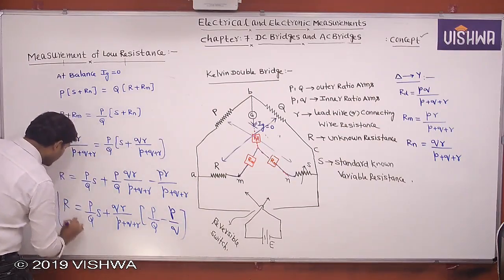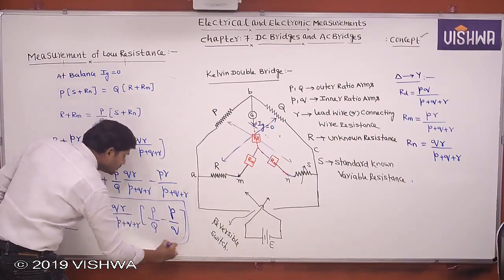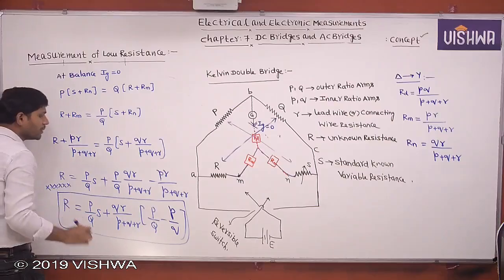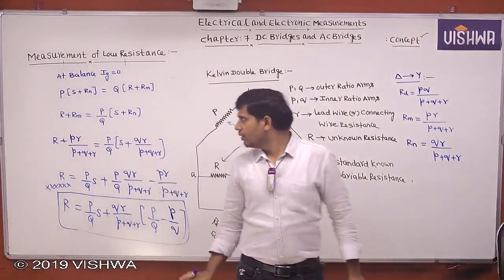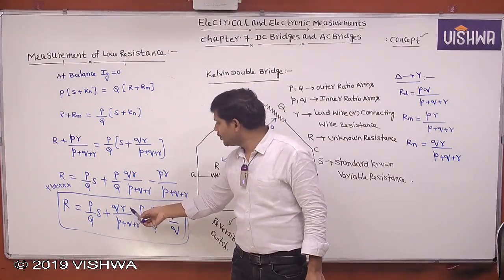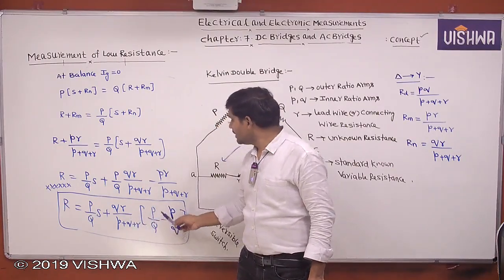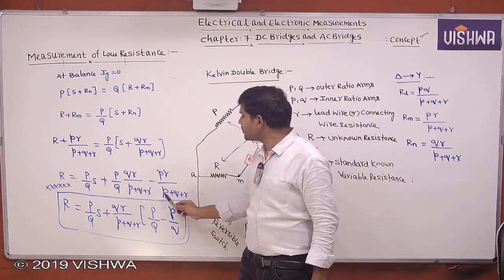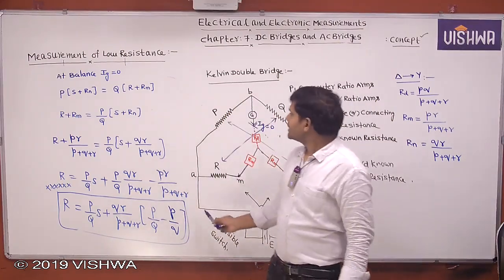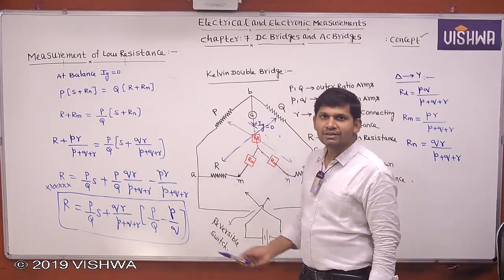This is the measurement of unknown resistance by using Kelvin double bridge. Remember this formula directly. Therefore, the unknown resistance R equals P by Q into S plus QR by P plus Q plus R, capital P by capital Q minus small p by small q. Like this we can measure the unknown resistance using Kelvin double bridge at balance condition.